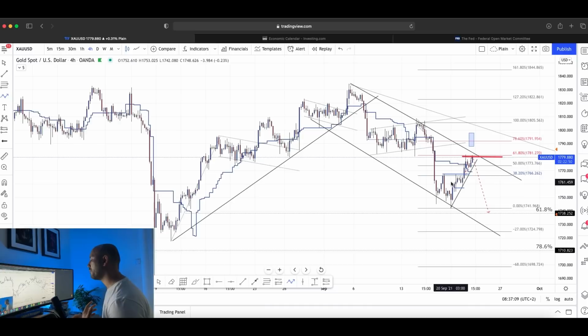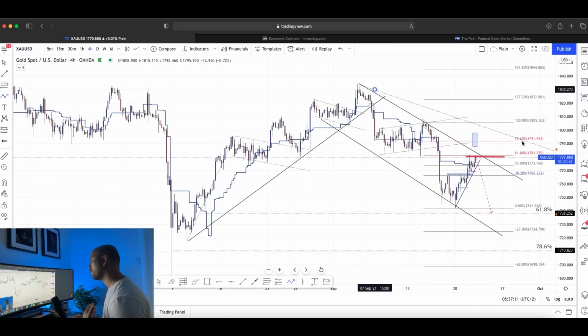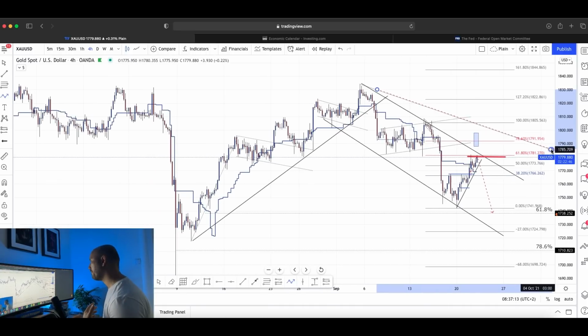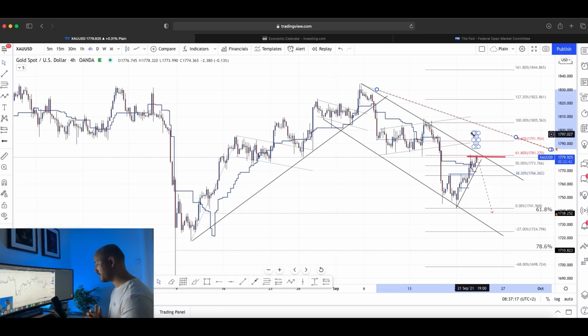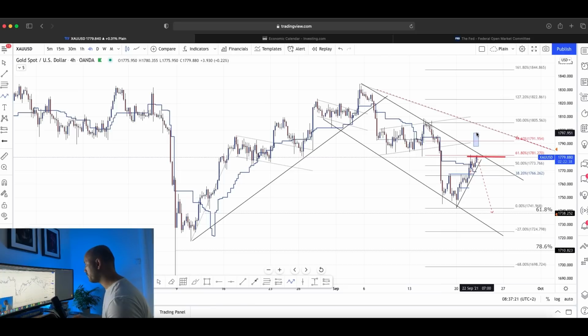Because what's going to happen after is, you see that we also have another trend line right here. And if price closes above the 78.60, close to the trend line, and what if the trend line breaks? You have to start thinking about changing your mind into a bullish scenario, because who knows what the FOMC meeting is going to bring?